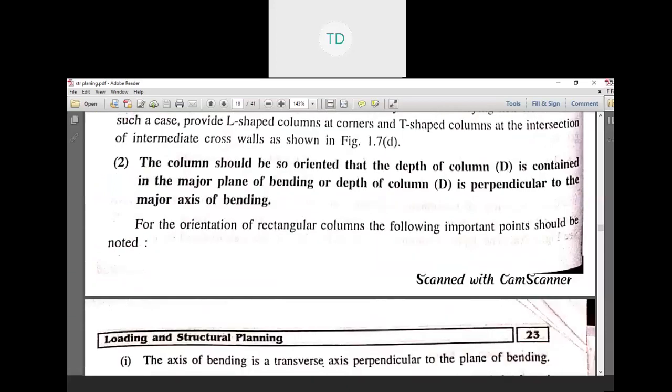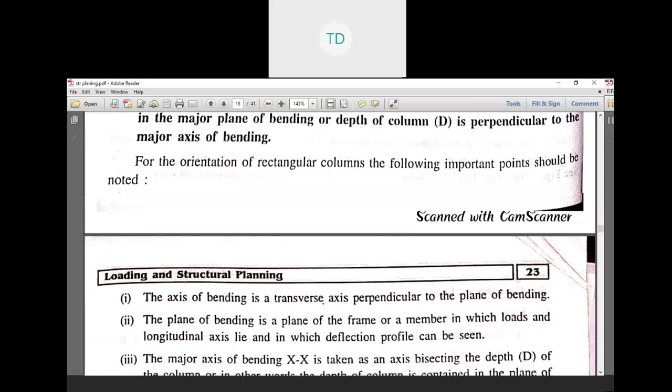The column should be so oriented that the depth of the column is contained in the major plane of bending, or the depth of column is perpendicular to the major axis of bending.